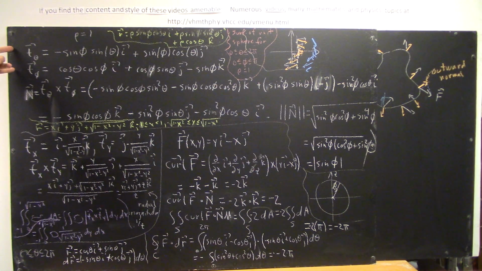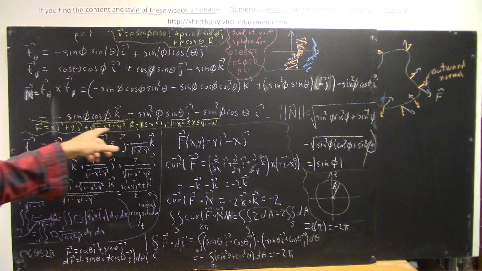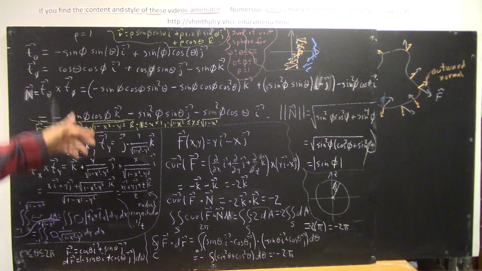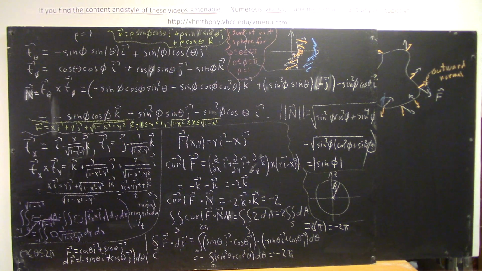Now if we do something very similar to what we did with T_theta cross T_phi, we take our T_x and T_y vectors, which are easy to calculate. The x derivative of this vector is just i. The x derivative of y is 0, and the x derivative of this is negative 2x over 2 times the square root of 1 minus x squared minus y squared, which reduces to negative x over the square root of 1 minus x squared minus y squared.